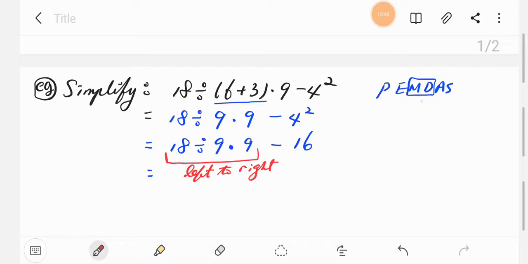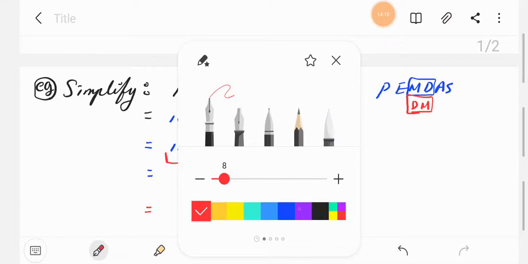This means multiplication and division, or division and multiplication, come together. Then what do we do? Left to right, always left to right. Not multiplication first, left to right. So first of all, 18 divided by 9 first, so that will be 2, right? 2 times 9 minus 16.